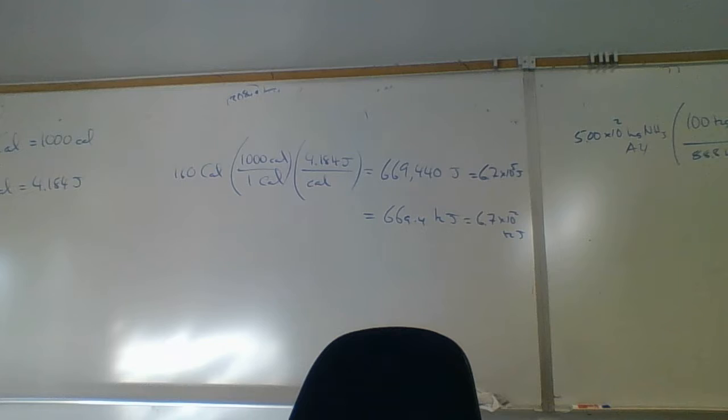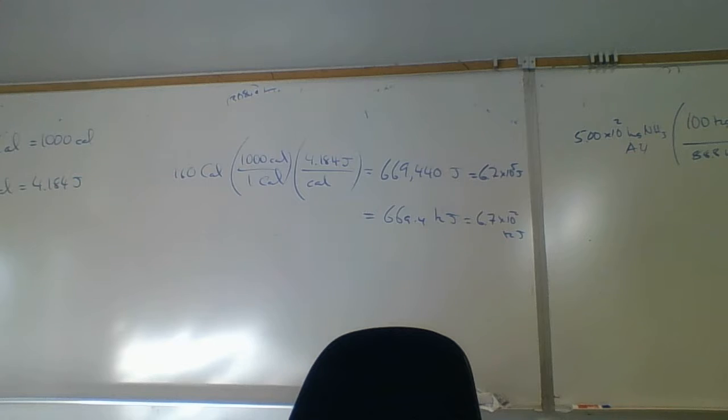So let's check that. 6.7 times 10 squared kilojoules, which is 6.7 times 10 to the fifth joules. They use this other conversion factor, which I don't bother with. So those are energy conversions.